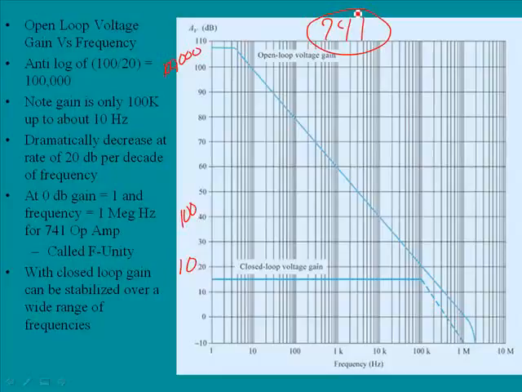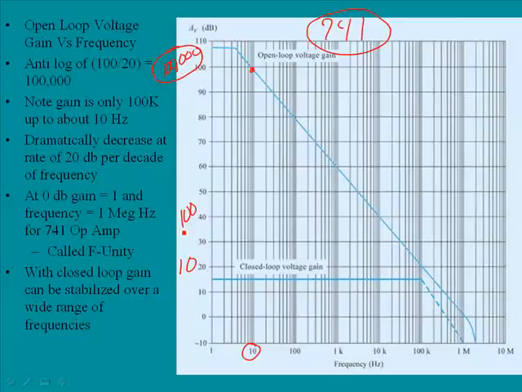First of all, we'll note that here we have a gain of 100,000, but note the frequency. Here we are at 100,000, but that is only up to 10 hertz. So we have this phenomenal gain of 100,000, but the frequency only goes up to 10 hertz, which isn't terribly significant.